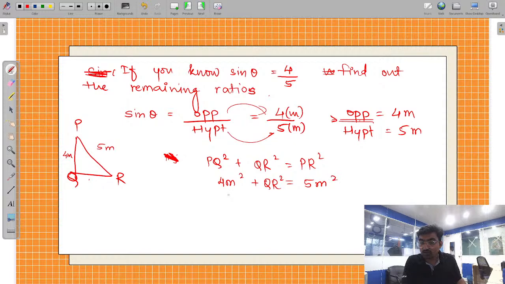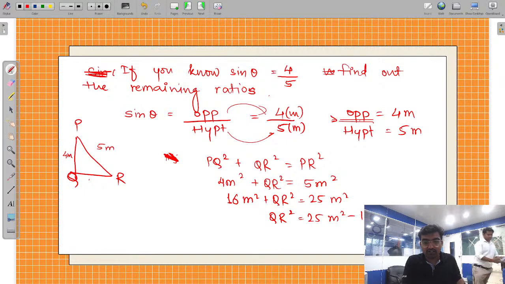So what do we get? 16m square plus QR square is equals to 25m square. Okay, now 25m square minus 16m square. Okay, so QR square is equals to 9m square, right?